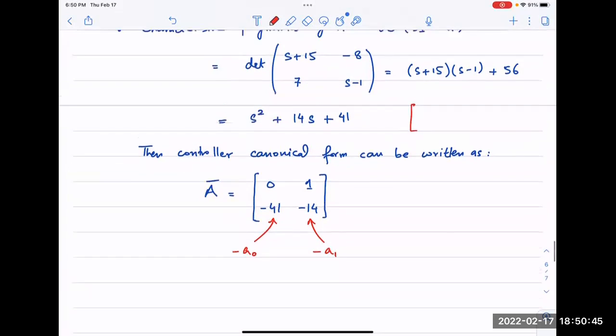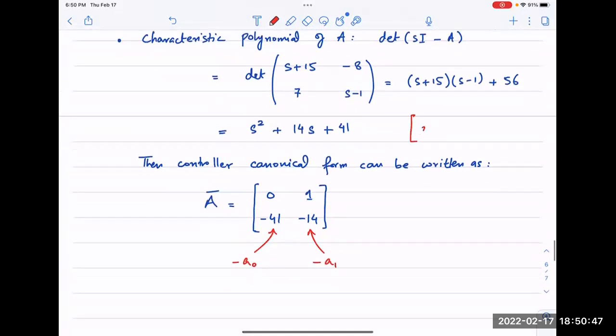If you think of the characteristic polynomial to be a2 s squared plus a1 s plus a0, and compare with this, then your a0 is 41 and negative a0 is negative 41. So that's the first element here.